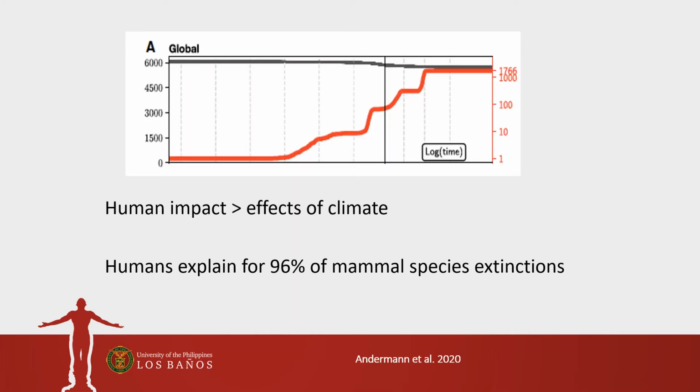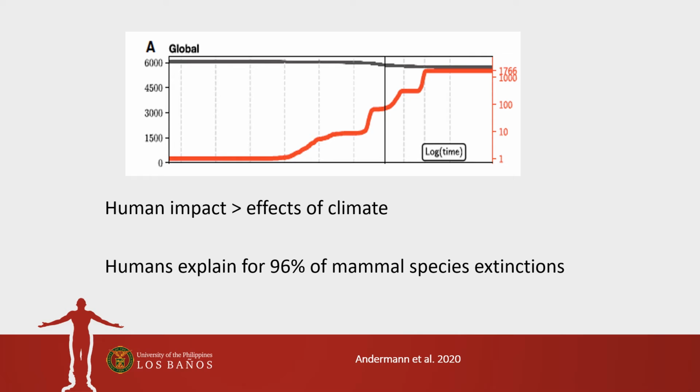In a recent study by Andermann et al. in 2020, they found out that on a global level, current extinction rates are around 1,700 times higher than those at the beginning of the late Pleistocene, as shown in the figure. The black line shows the declining diversity, and the red line the magnitude of extinction rate increase relative to the starting rate through time.